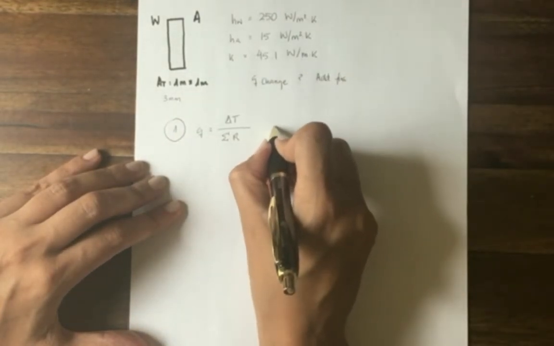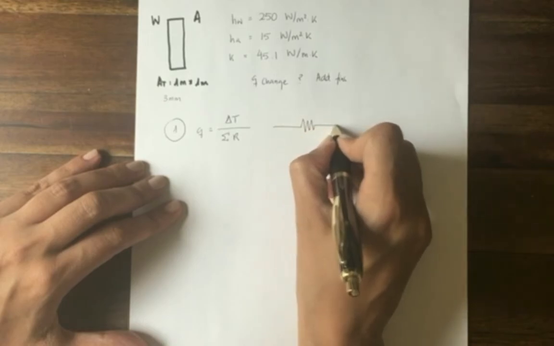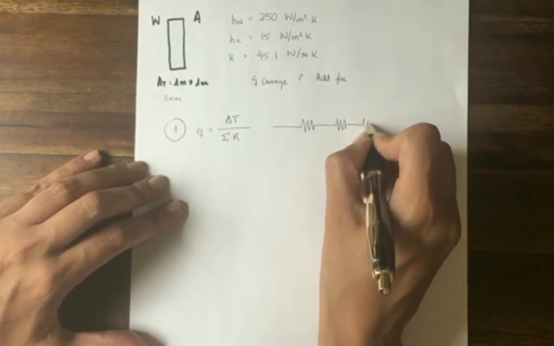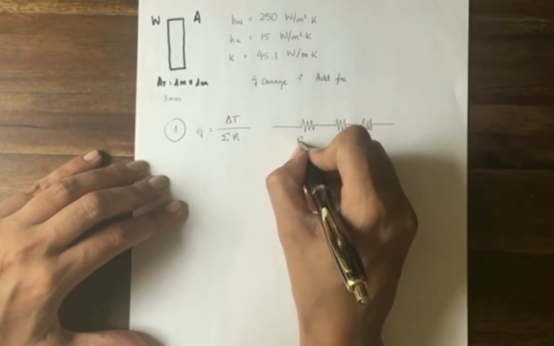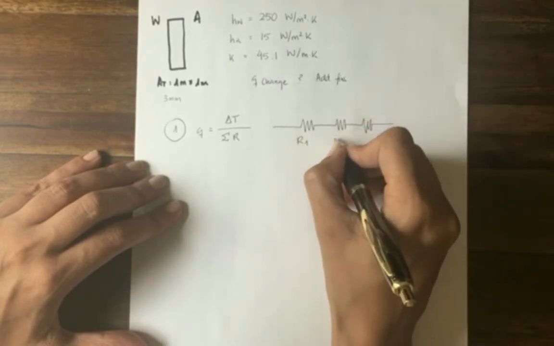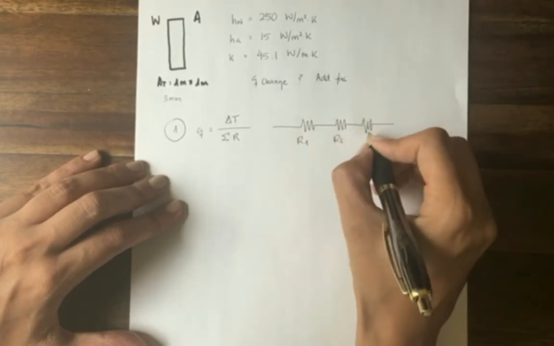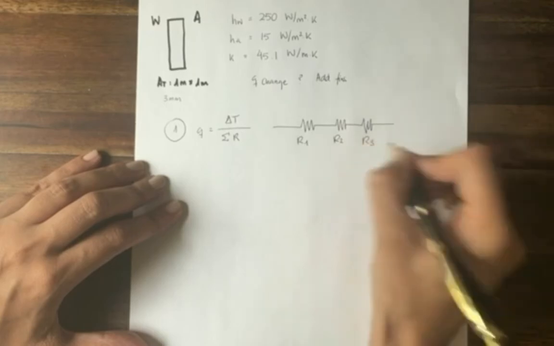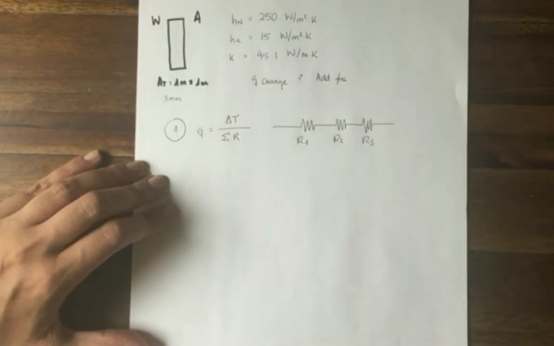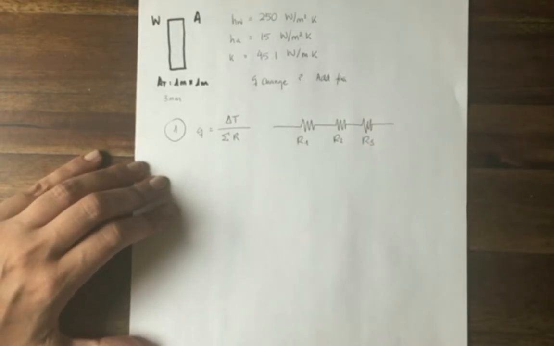In total, there are 3 different resistances: R1 in the water side, R2 corresponding to conduction, and R3 corresponding to the convection in the air side.